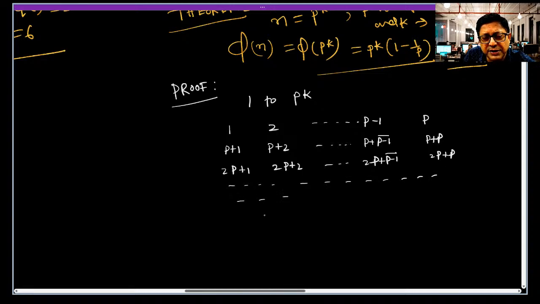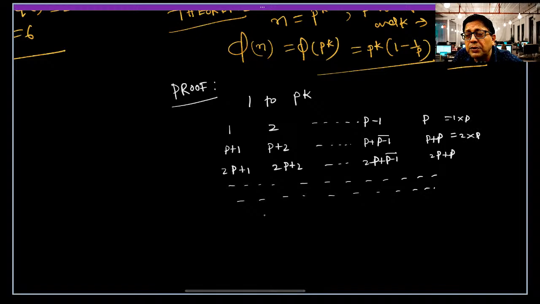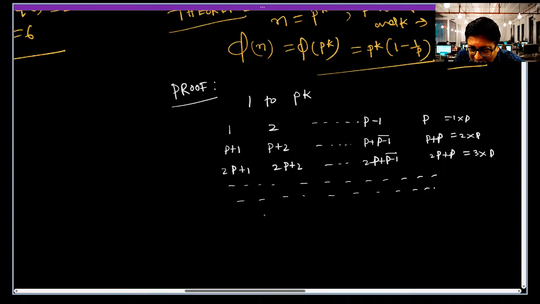This way, if we go for the last row, which number will be there? Obviously, the last elements: this is 1 into p, this is 2 into p, this is 3 into p. So the last element is going to be p^(k-1) into p, that is p^k.